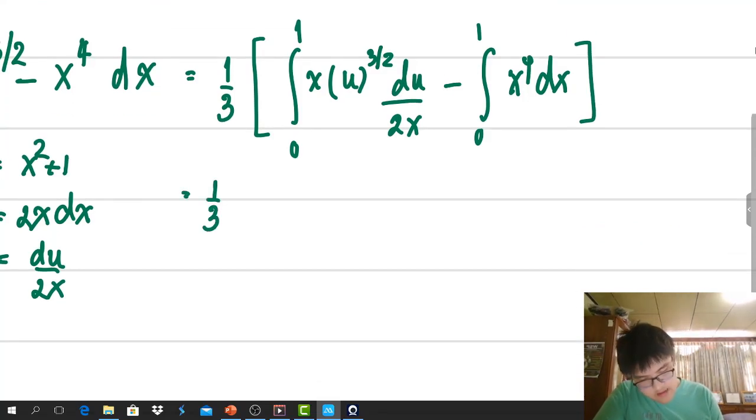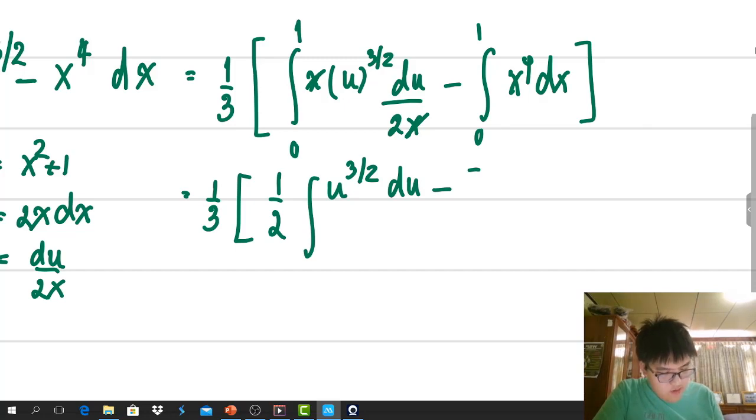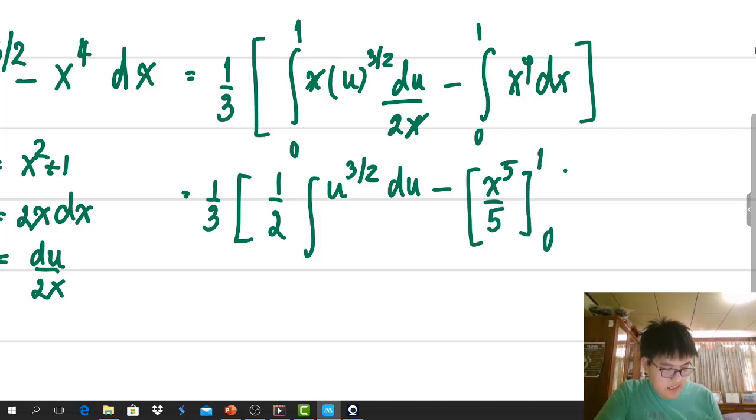Then 1 over 3. And this one, you see, cancels. Cancelling together leaves just 1 over 2 of the integration of u to the 3 over 2 du, minus this one, increase the power by 1, x squared over 8.